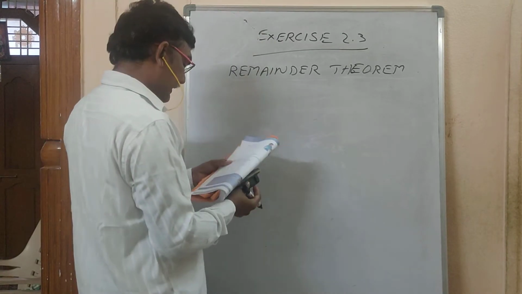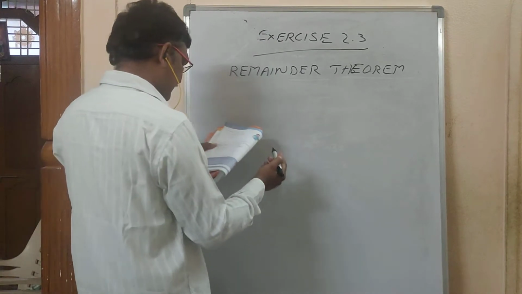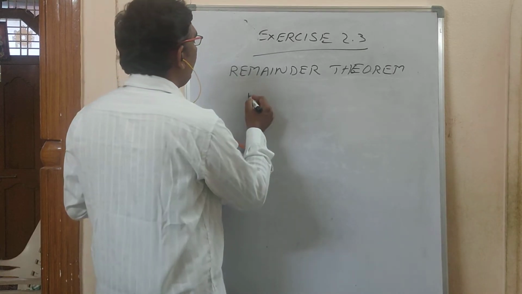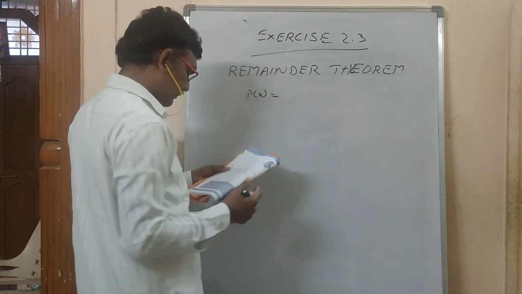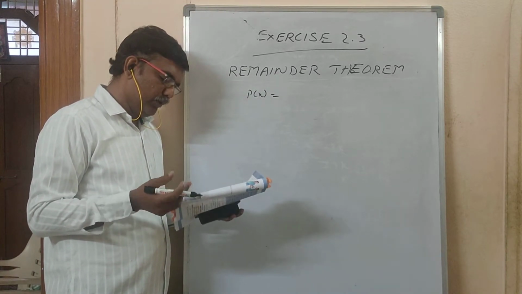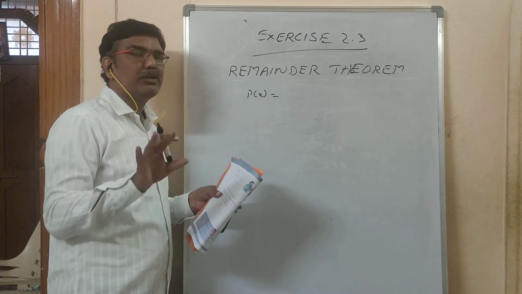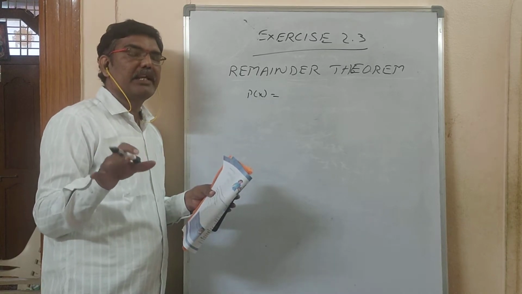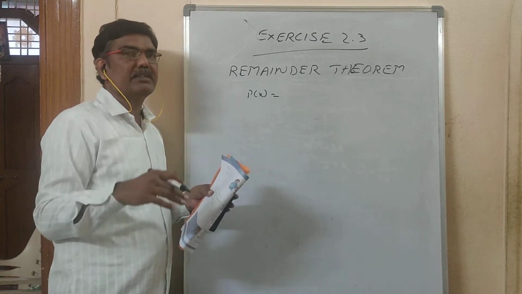Okay. Now again in the same exercise 2.3, first problem, P of x is the same. He is asking to divide by the following linear polynomials. Here we should not use the remainder theorem; he is asking for normal division.